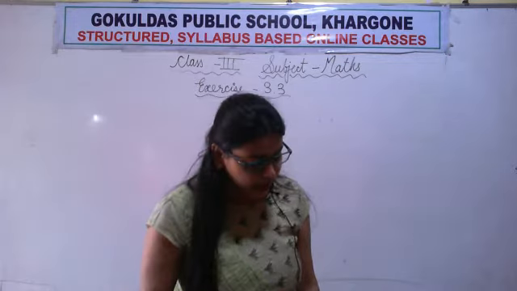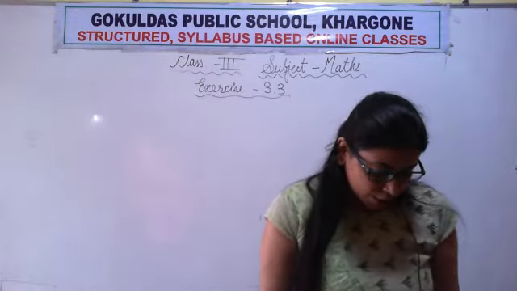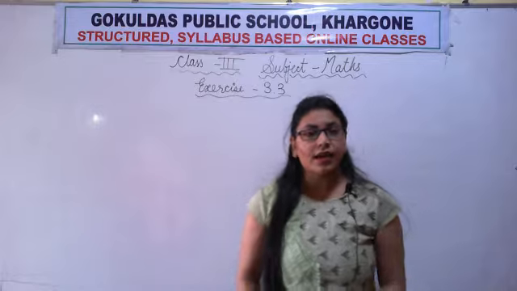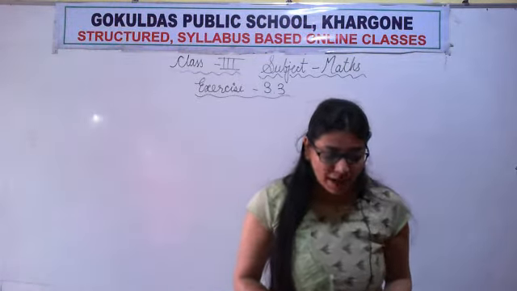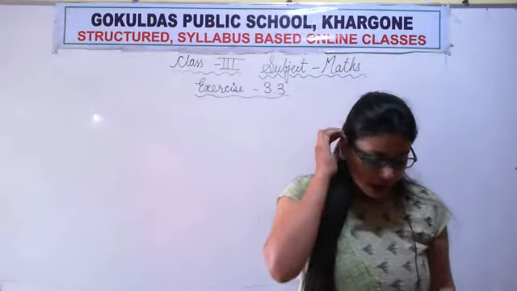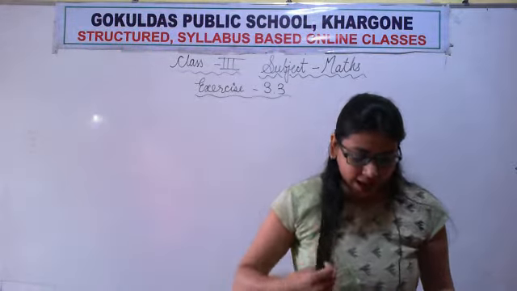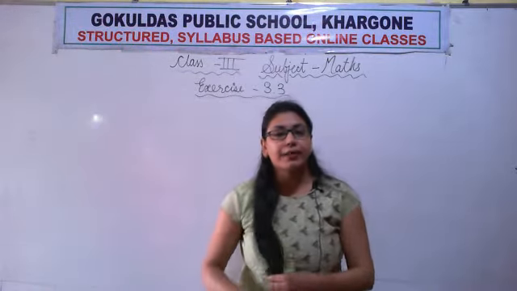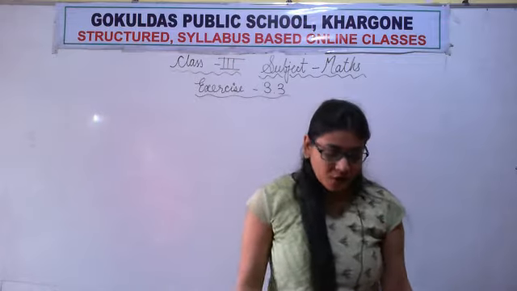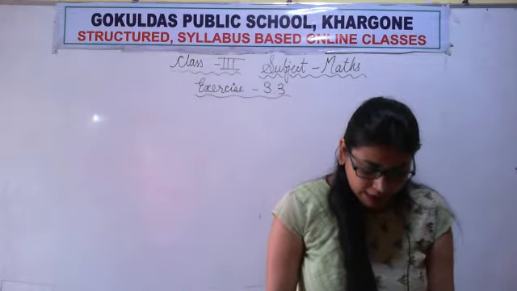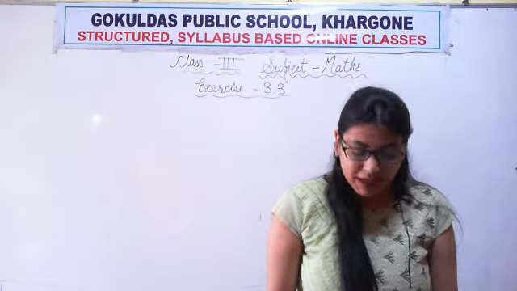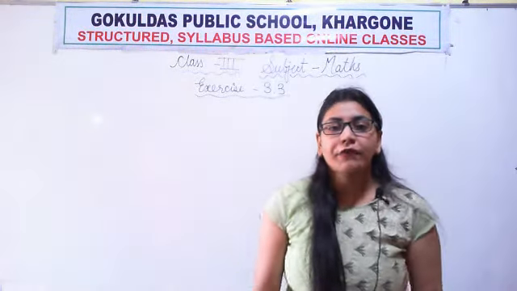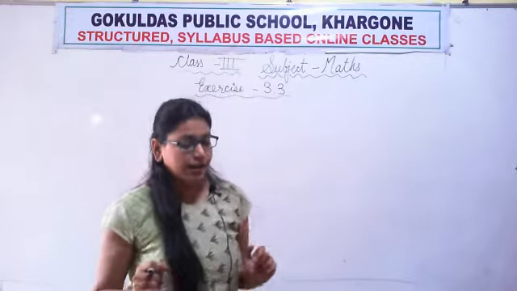Okay, so question number 2 is, there were 148 employees in a company, 129 were women, how many were men? So there is a company, in there total 148 employees are there. Out of 148, 129 are women. So how many are men? Now we have to find the number of men in a company.